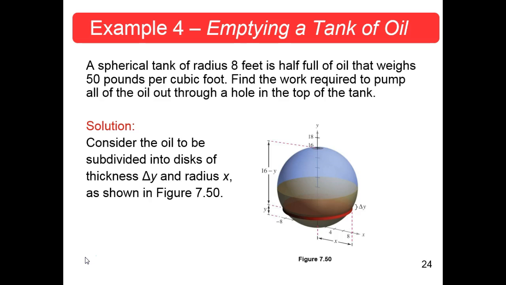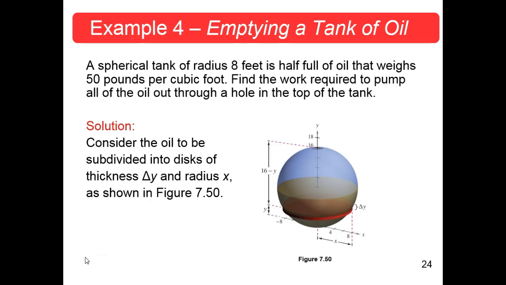So that gives you your height of the pumping in terms of y. And what you have is your strip here with a radius of x. Well, you've got to get that x in terms of y.